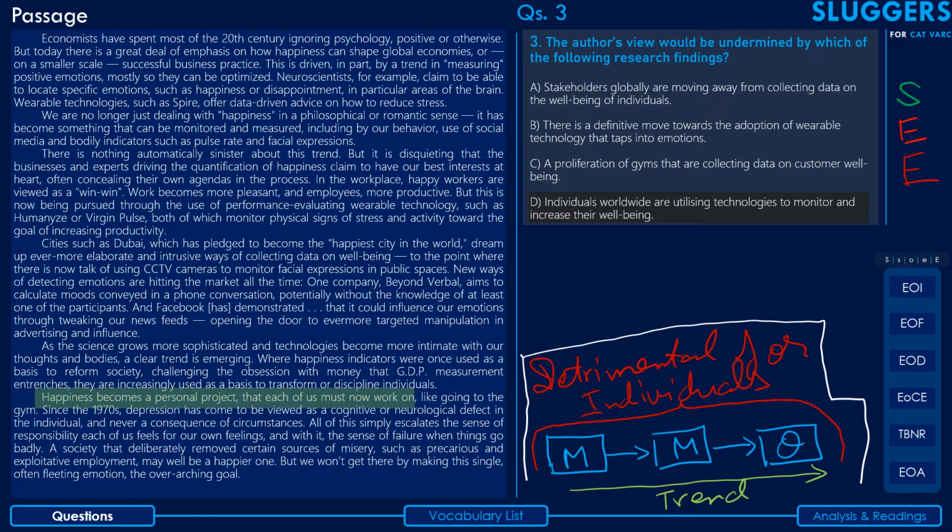Now, whether individuals have taken this up of their own accord, without being forced or any pressure at all, or whether they have again fallen prey to happiness being a personal project problem, because they've fallen prey to the manipulation techniques and optimization concerns that the author has expressed, it's not very clear. We don't know the causal factor behind this.